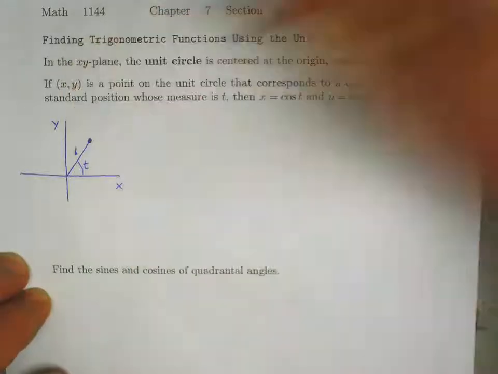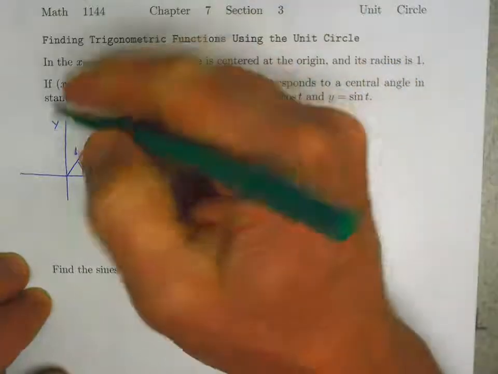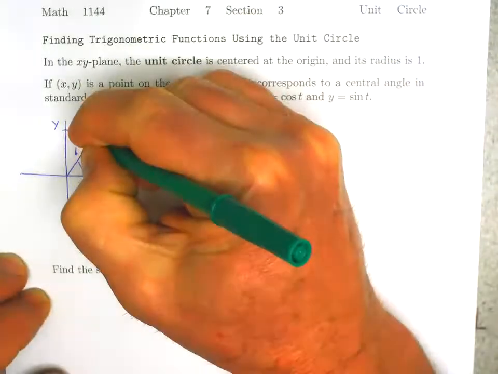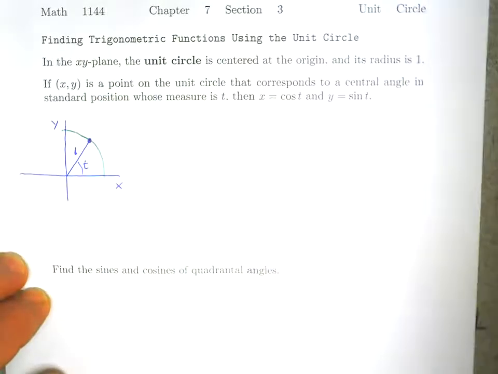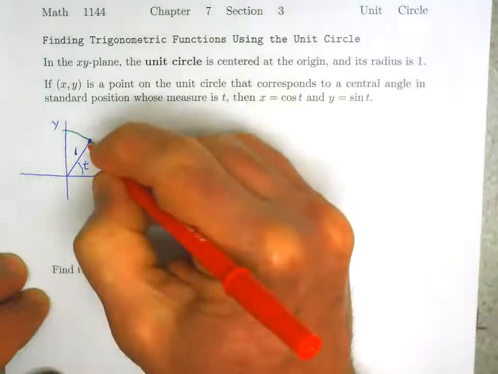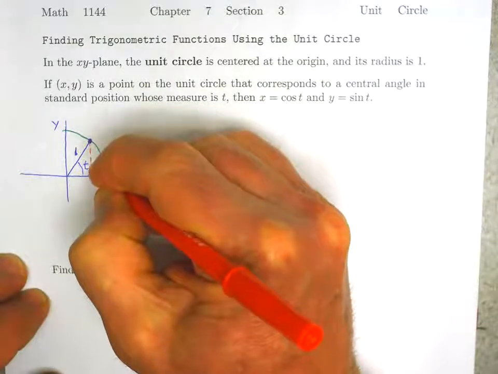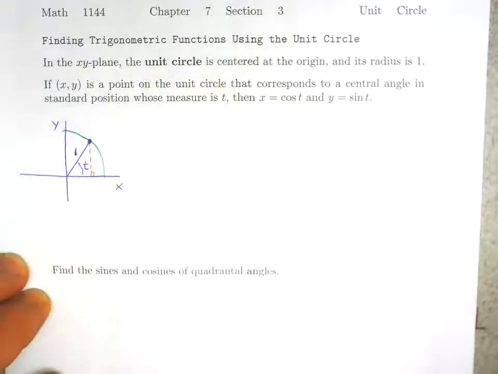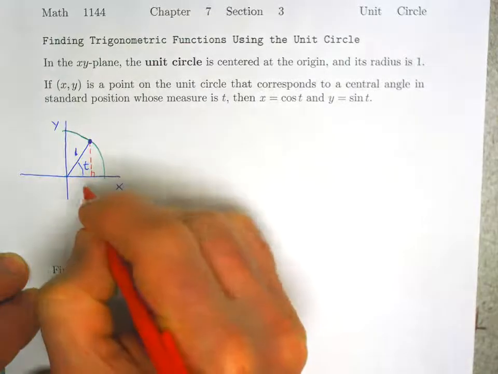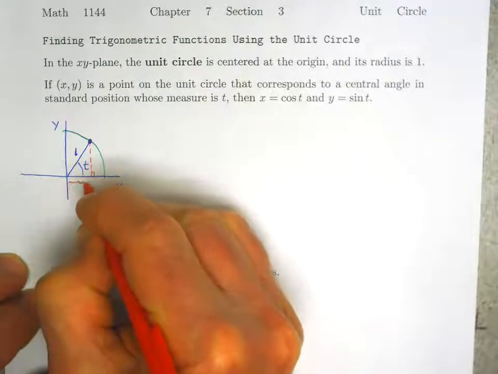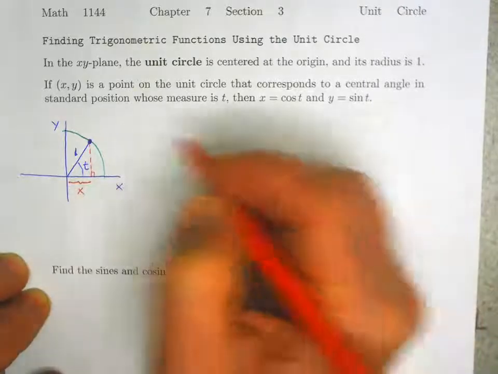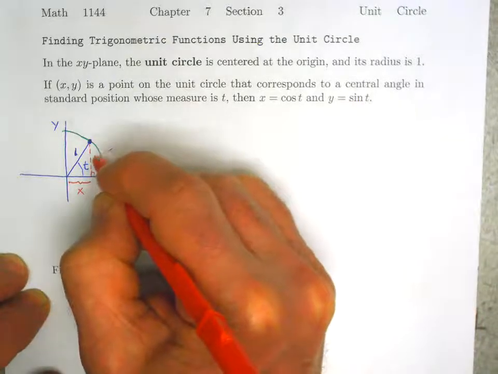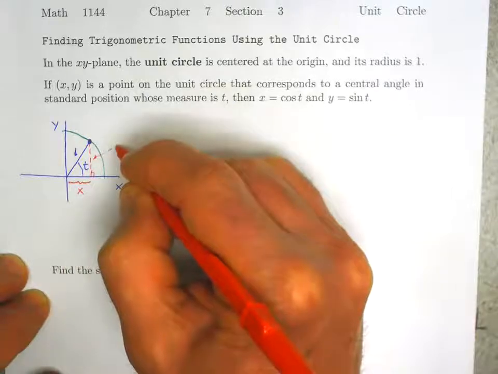So if I sketch in part of the unit circle, it will look something like this. But if you notice, we can construct a right triangle, and this value on the horizontal side of the right triangle I'll call x, and this vertical side I'll call y.